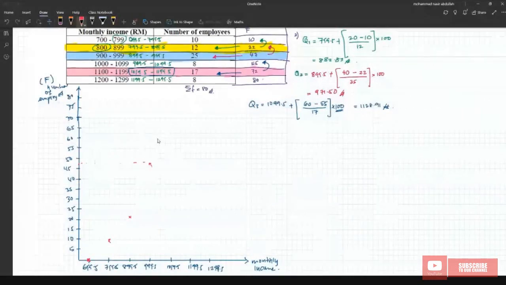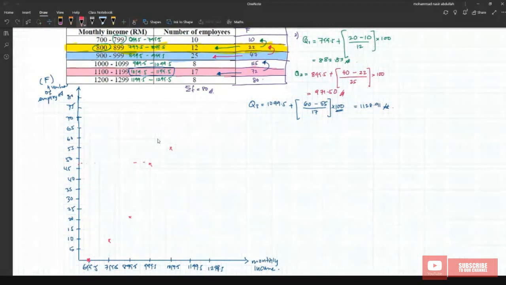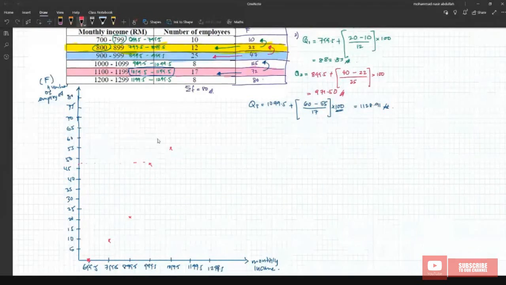And then 1099 is 55. 1199 is 72. 72 is somewhere here.